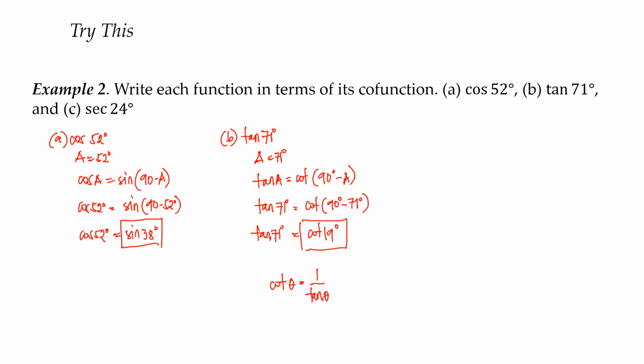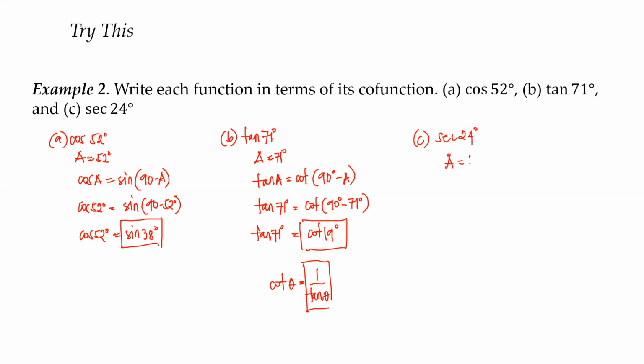So in order to check whether tangent 71 degrees is equal to cotangent 19 degrees, you use this formula, 1 over tangent 19 degrees, and you will have 2.904 and so on.